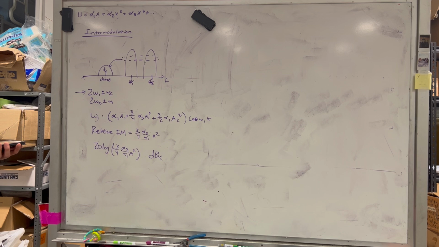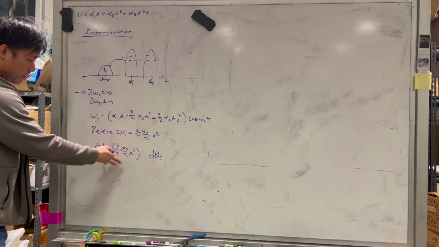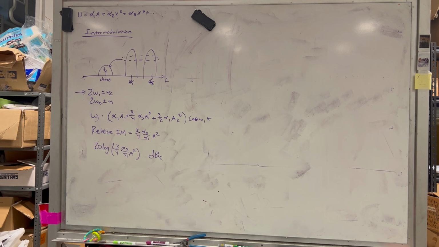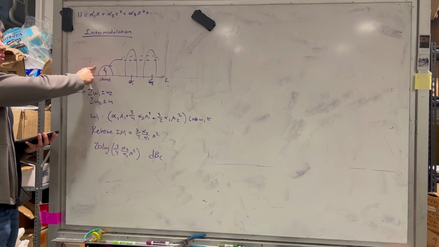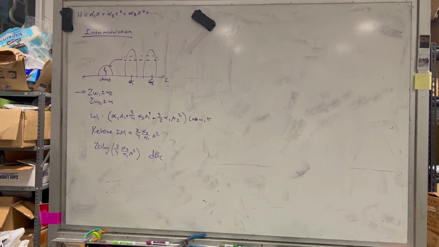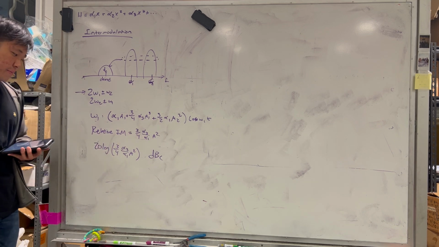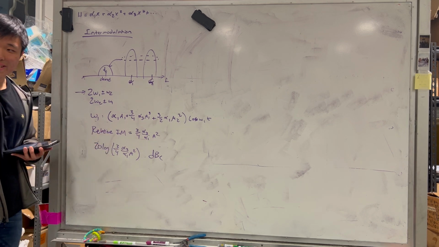So this figure of merit will measure how much of the IM3 product you have relative to the carrier. So you can see, as you get further and further out, you should go further and further down, right? As you increase your amplitude, your IM product gets stronger and stronger, which is expected, right? So does everyone see how this makes sense?